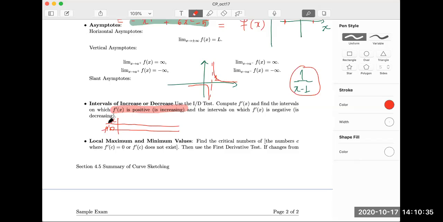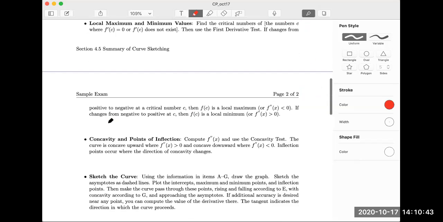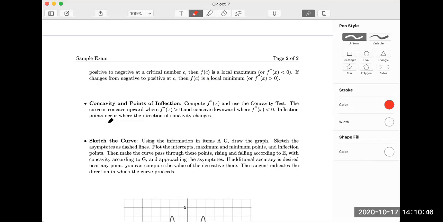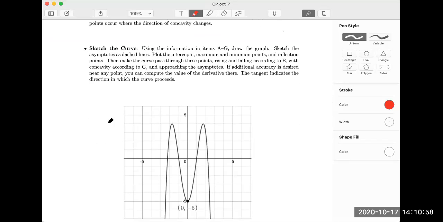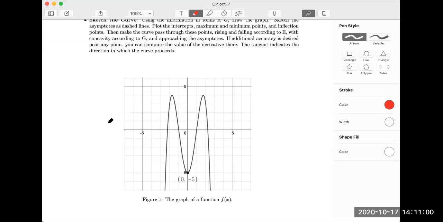Then we can find the local maximum and minimum. The next step is concavity and points of inflection. Find these points. Then finally, we know all the information about the function, and we can sketch the graph here. This is the whole process to sketch any function, and this is an example. Okay. Let us do one more thing in more detail.